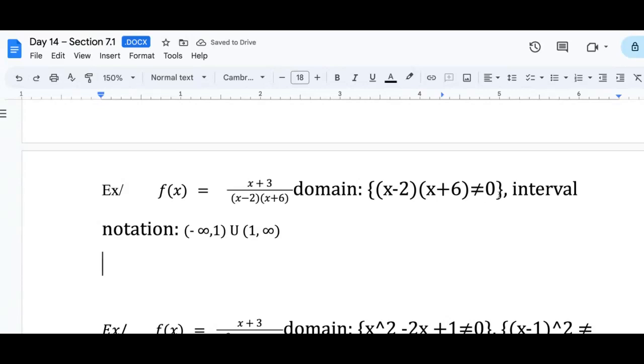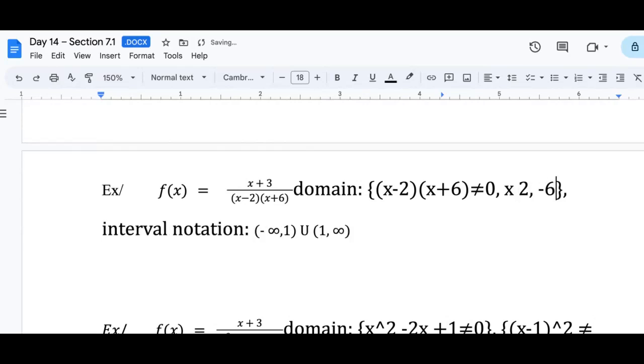Okay, so we solve this, right? This is saying x cannot be 2 or negative 6.